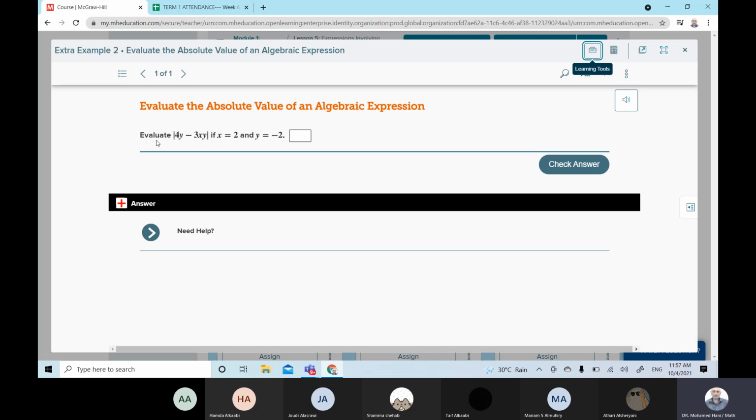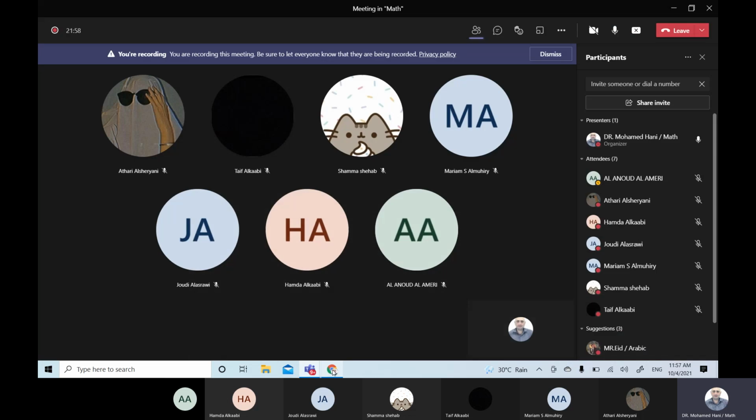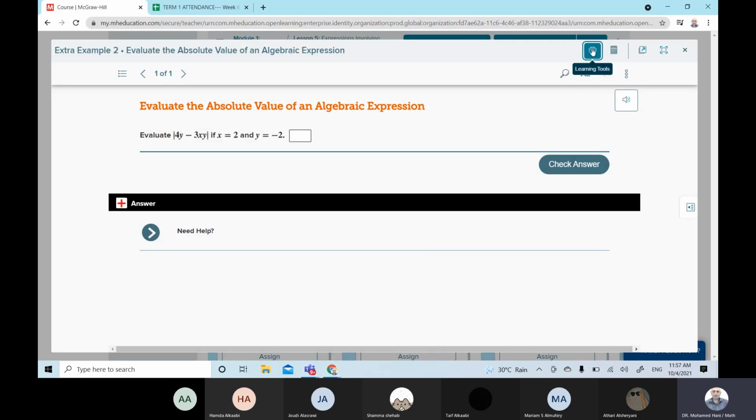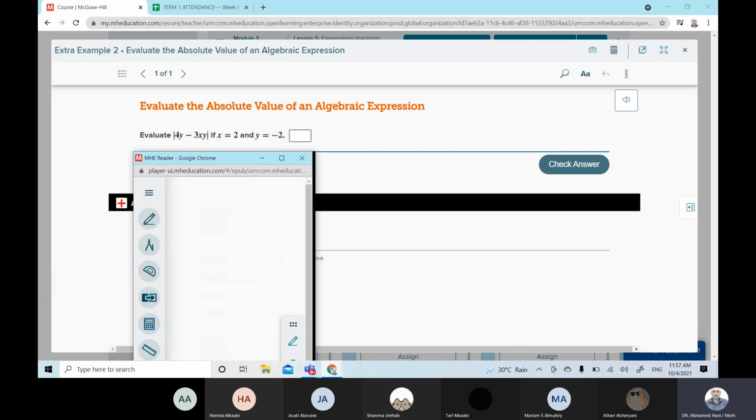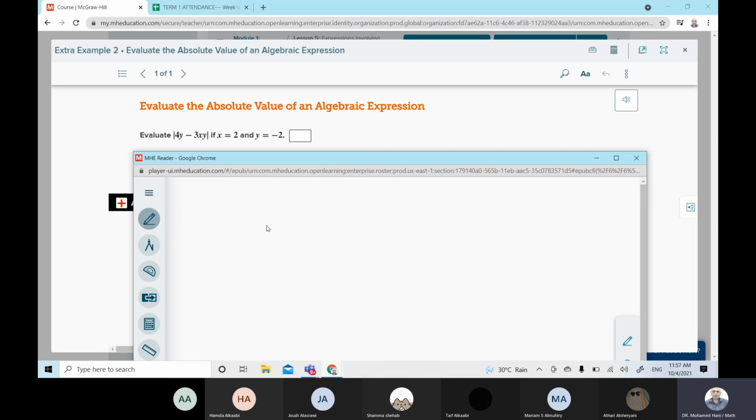We have this expression: the absolute value of 4y minus 3xy, and the value of x will be 2 and the value of y will be minus 2. We want to evaluate. The first step is substitution.